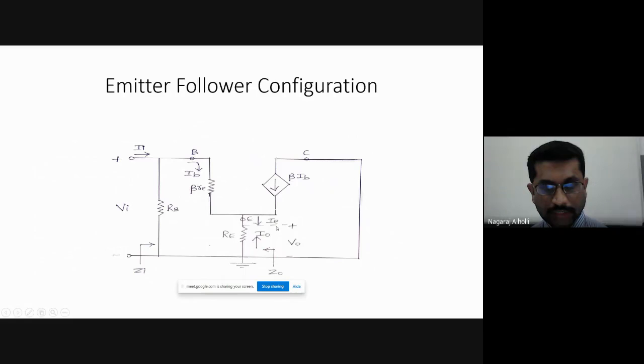V0, output voltage, is IE into capital RE. But IE is equal to minus I0. Why? Because IE and I0 are opposite to each other. Emitter current and output current are opposite to each other.